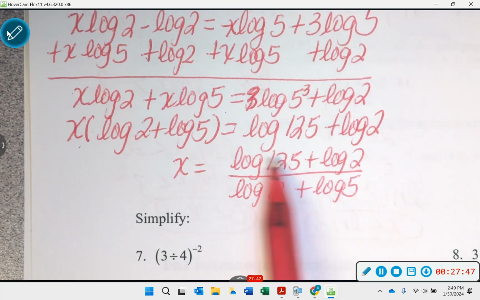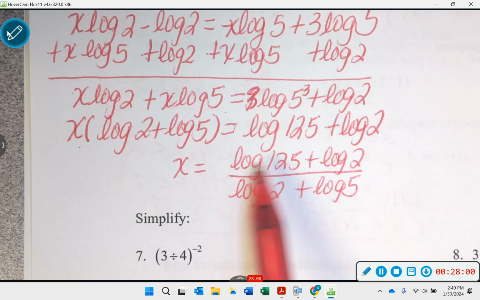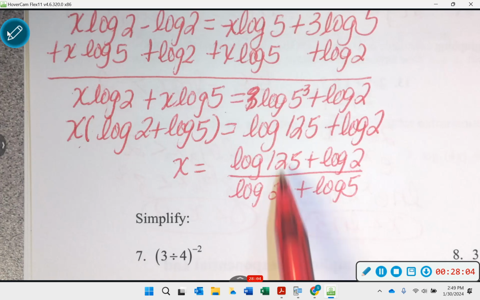You could give me this answer right here, and it's correct, but it's not great. It's not the easiest way to write it. Does anybody have an easier way of writing this answer? Addition of two logs can turn into multiplication. Anybody get a better answer?